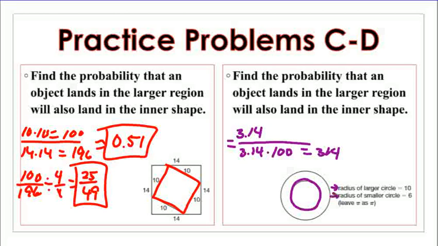That's our smaller circle. So 3.14 times 36, because 6 squared is 36. Gives us an area of 113.04. We divide that by 314. That gives us a probability of 0.36.